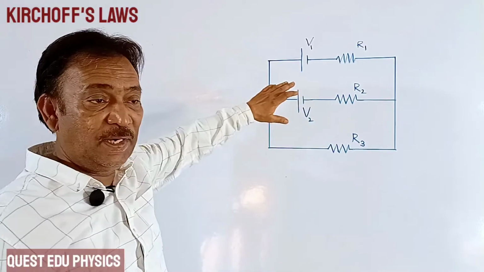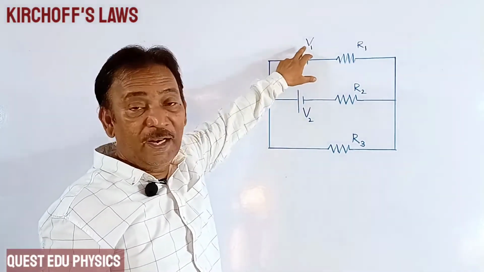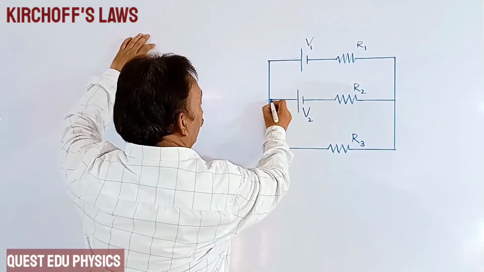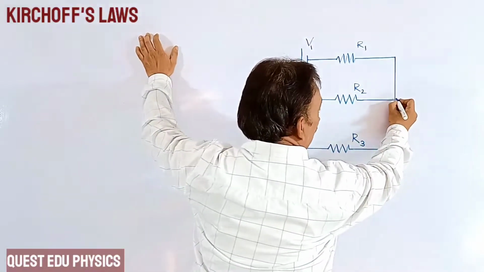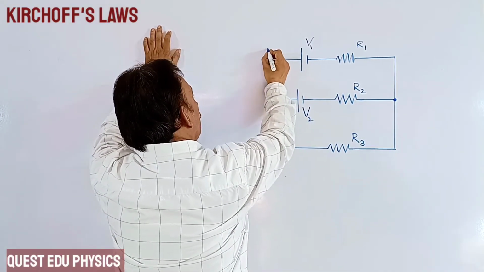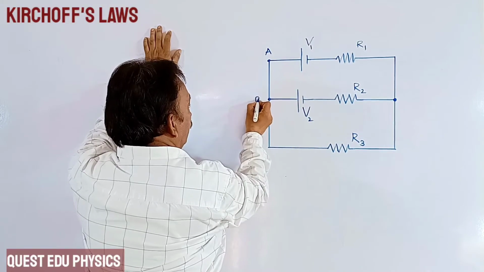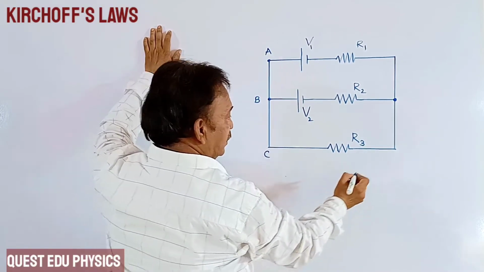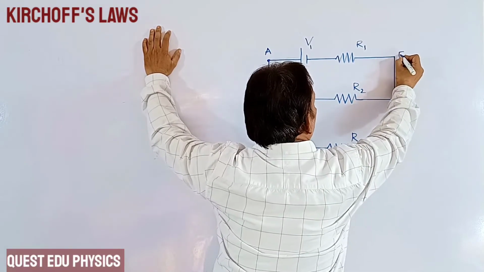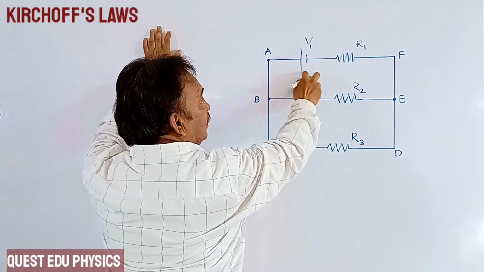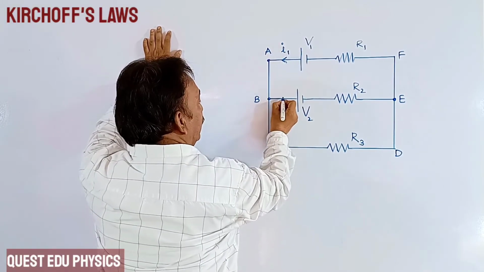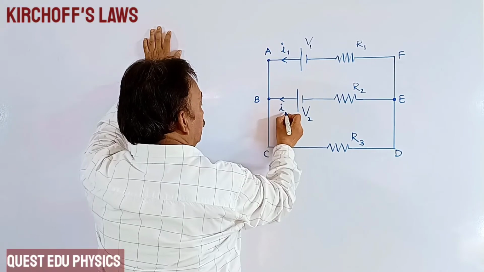Instead of V1 and V2, you can take it as E1 and E2. You will find a junction here, and we have one more junction. Say it is a reference point. It is A, B, C, D, E, and F, students. This cell is giving a current of I1, and here it is giving I2.